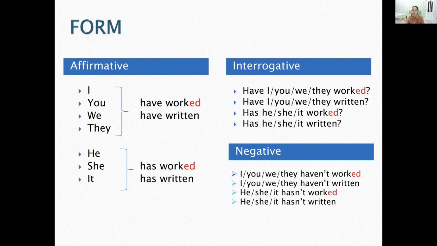So not we add between the auxiliary verb and the main verb. Have not worked. Yeah, they have not written. It has not worked. She has not written. Or the contracted form, haven't or hasn't.